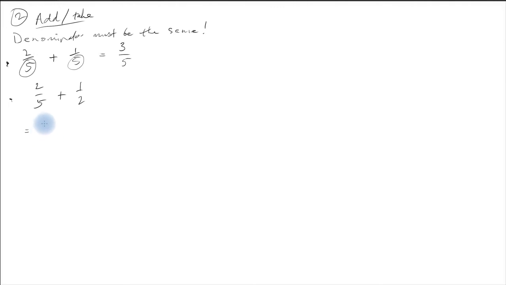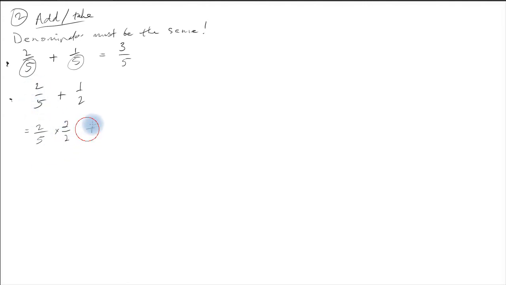So to make the 5 down the bottom a 10, we know that we need to multiply it by 2. We know that we can multiply stuff by 1, so we need to multiply it by 2 on 2 to get this part here.